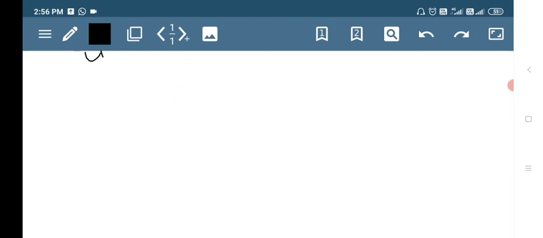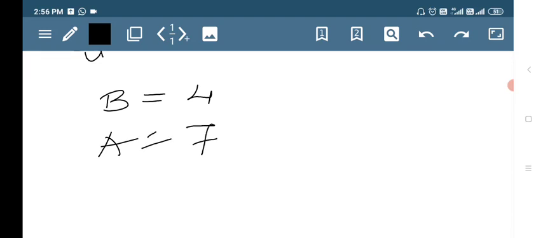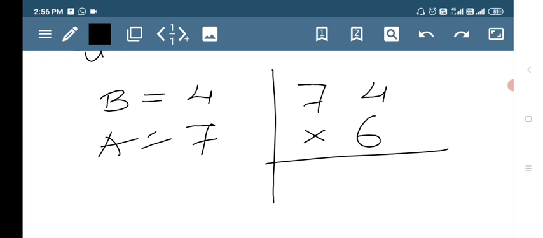Therefore let us take B is equal to 4, then A is equal to 7. So what happens? 74 into 6. 6 fours are 24, carry 2. 6 sevens are 42 plus 2 is 44.